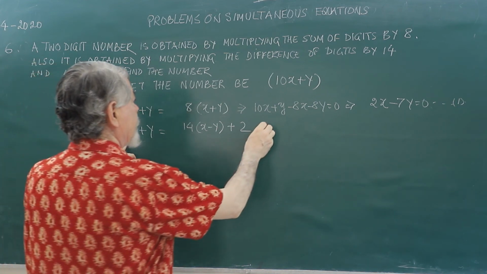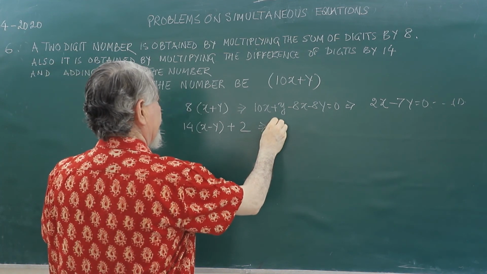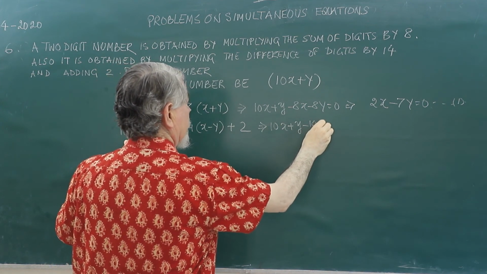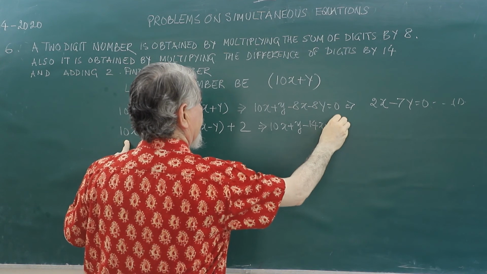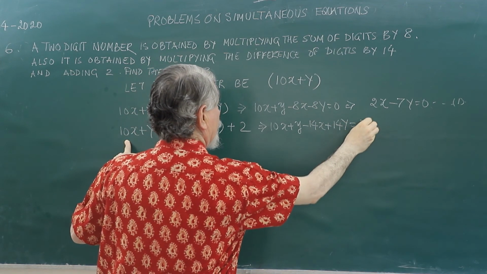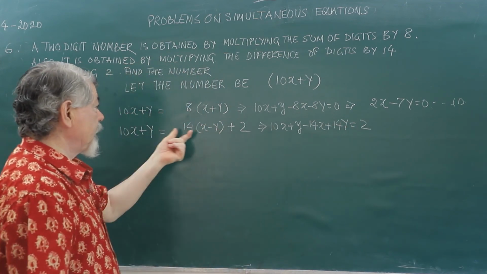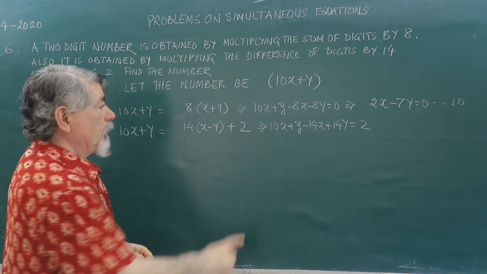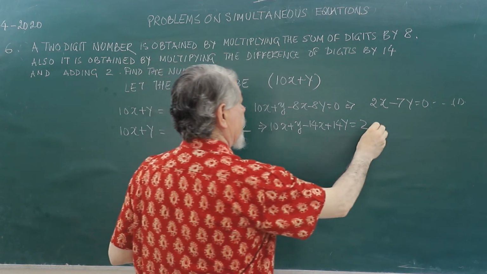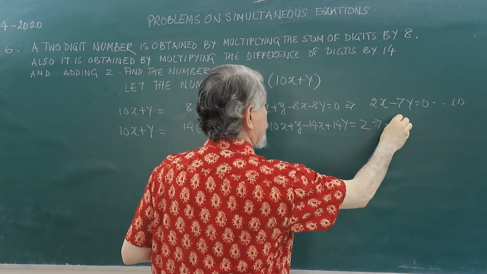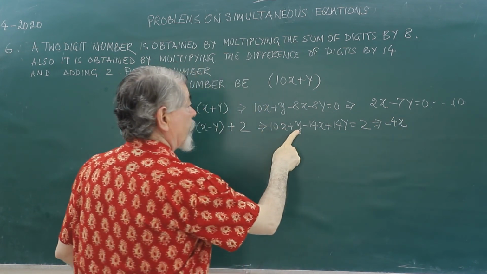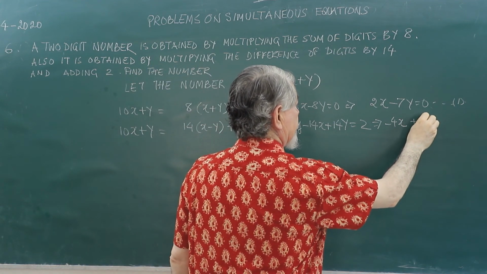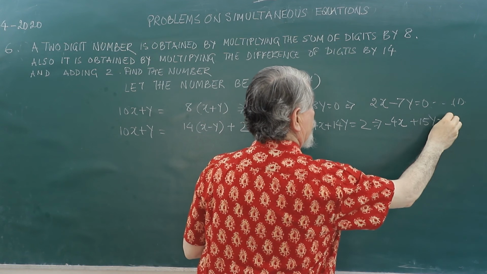Now, how will I get this? 10x plus y minus 14x plus 14y is equal to 2. I shifted this to the side: 10x minus 14x is minus 4x, and y plus 14y is 15y, equal to 2.